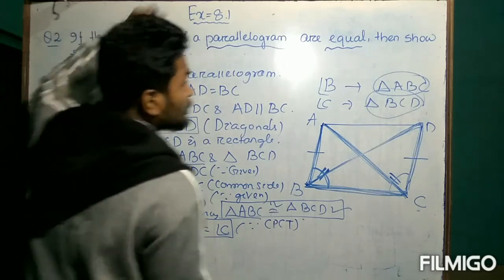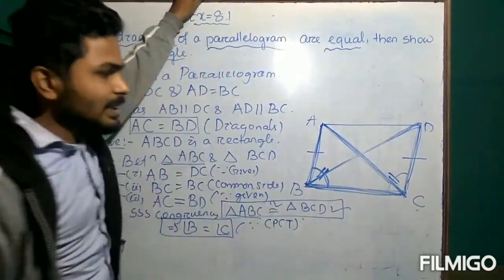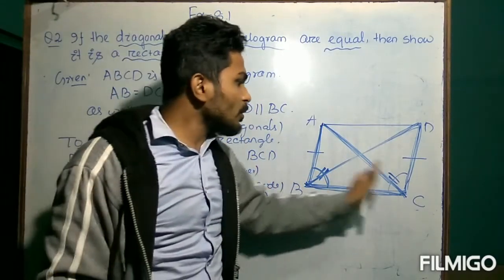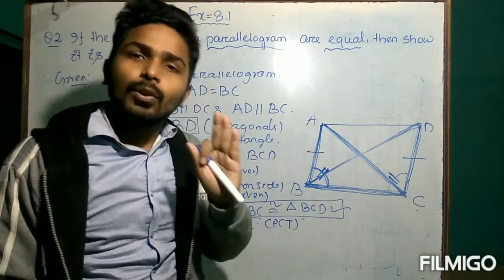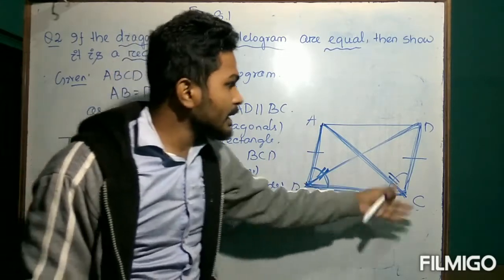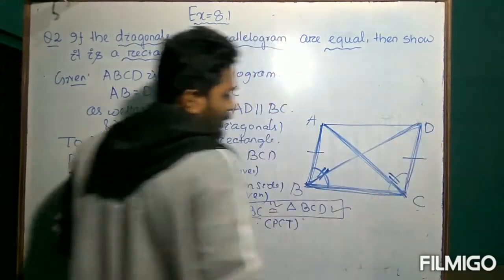So next what will we do? Since ABCD is a parallelogram, we know the sum of any two consecutive angles is supplementary. That means it is 180 degrees. A and B are supplementary, B and C are supplementary, C and D are supplementary, D and A are supplementary.